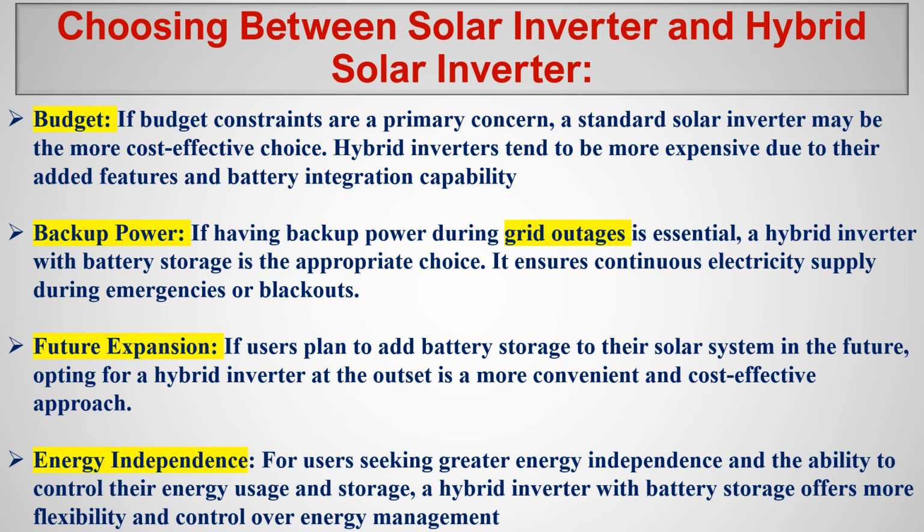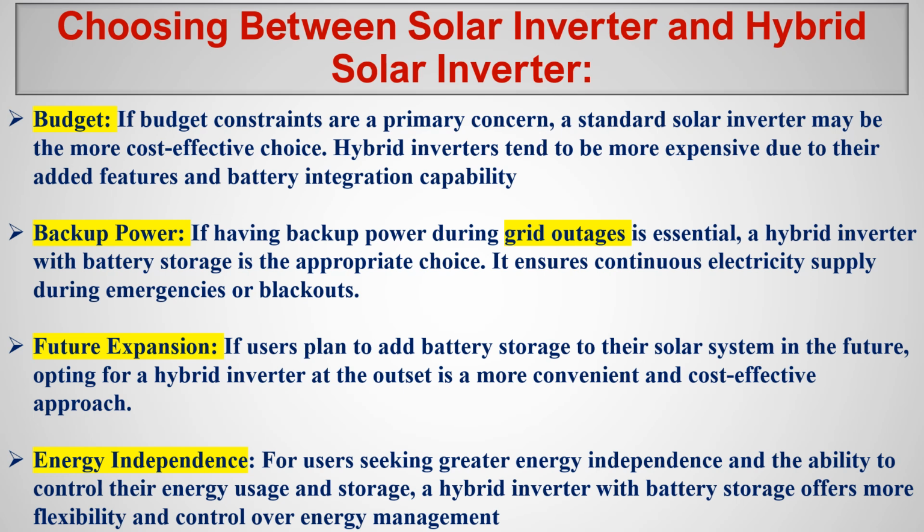And you can have a hybrid inverter with a lot of smart functions, an energy management function, and also backup power during energy outages. And for future expansion, if you have a hybrid inverter and a solar PV system, it is easy to add batteries in the future.